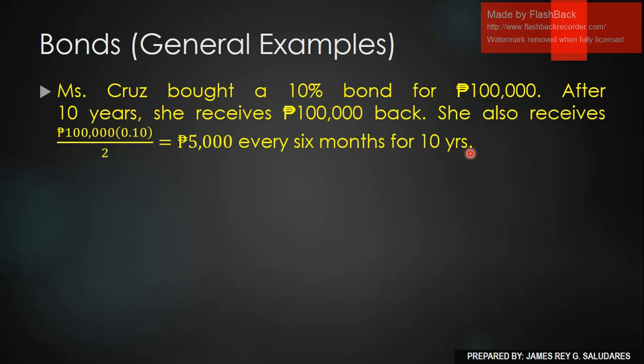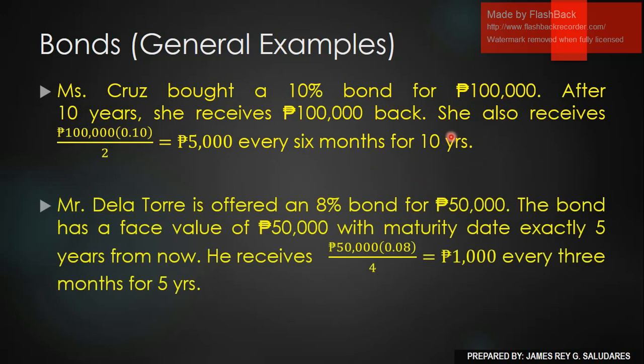In 10 years, she will receive another 100,000 aside from the 100,000 face value niya. So for this one, it doubles her money at this rate for 10 years. The longer the bond, the higher the return on investment. So that is a bond.